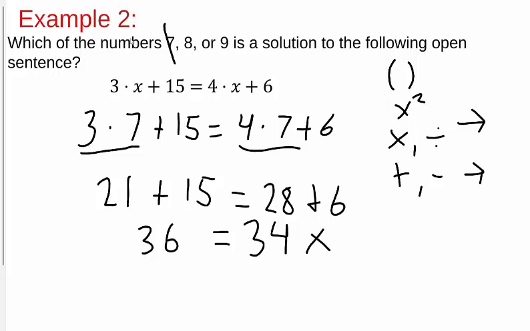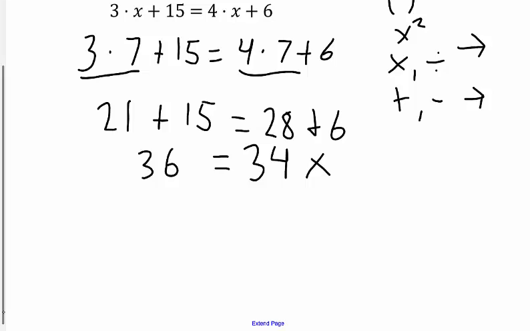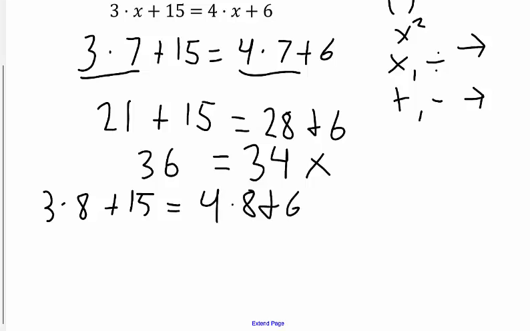All right, so let's see if we can find another answer. I'm not going to erase, I'm just going to move down here. So now let's try 8. 3 times 8 plus 15 equals 4 times 8 plus 6.